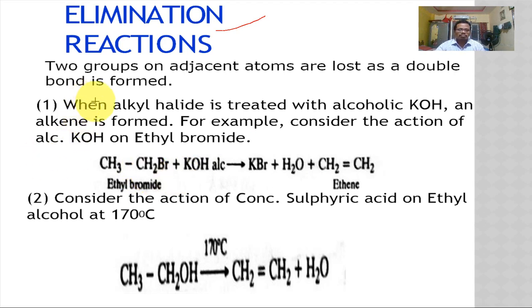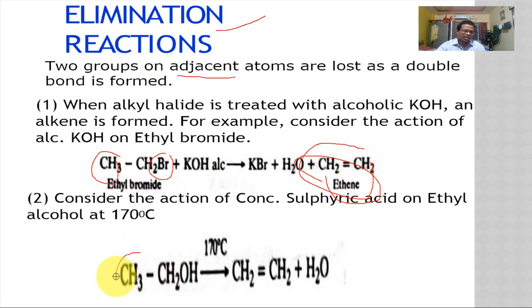When two groups on adjacent atoms, meaning beside each other, for example, this carbon has an adjacent carbon, and one molecule from this carbon and another from the adjacent carbon are eliminated, then ethene will form. This loss of adjacent atoms forming a double bond is called an elimination reaction.